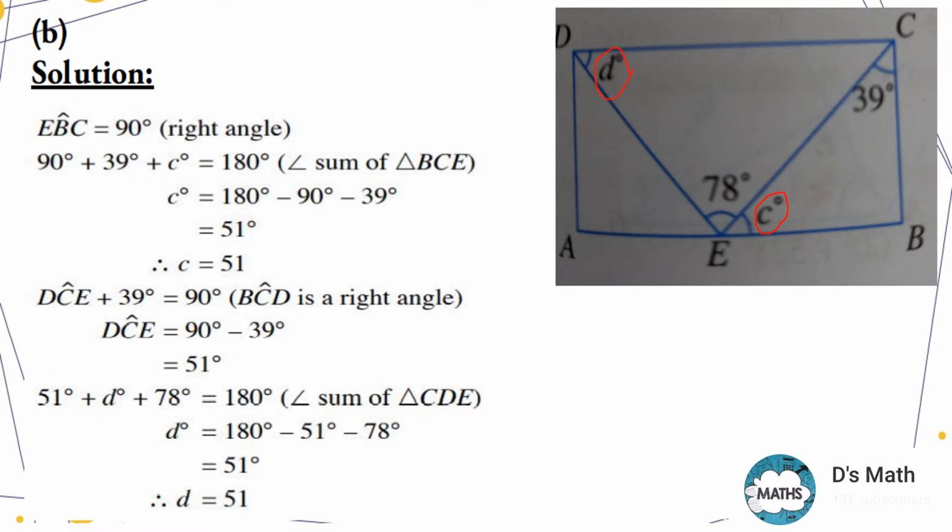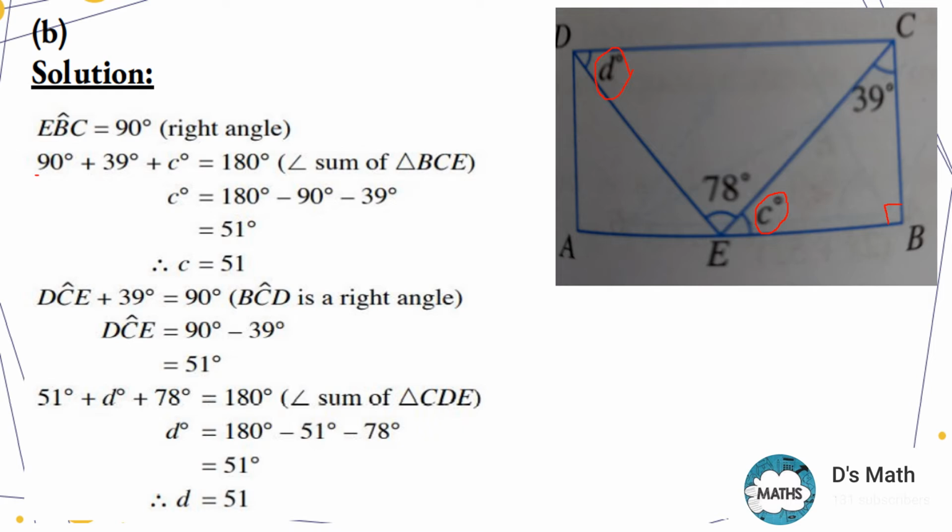First, if we look at this triangle CBE, अगर हम इस triangle पे focus करें, we know that this B angle is always 90 degrees or a right angle. And if we look at the triangle CBE, we know that the sum of the inner angles of a triangle is equal to 180. That means हम triangle E, B और C की just बात करें, हम remaining triangles की बात नहीं कर रहे क्योंकि हमें C की value चाहिए and C is in this triangle.